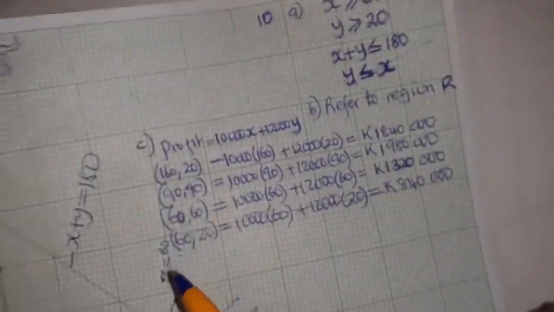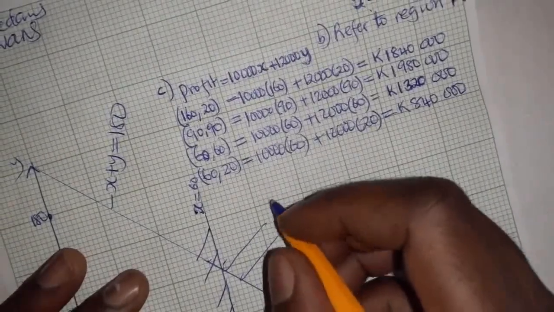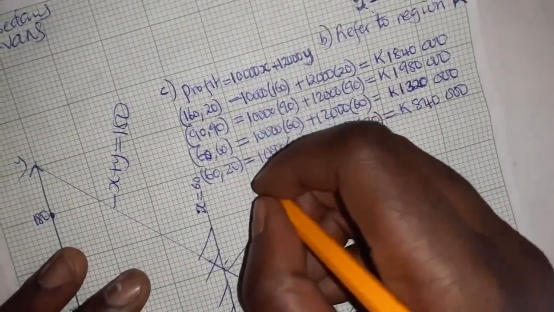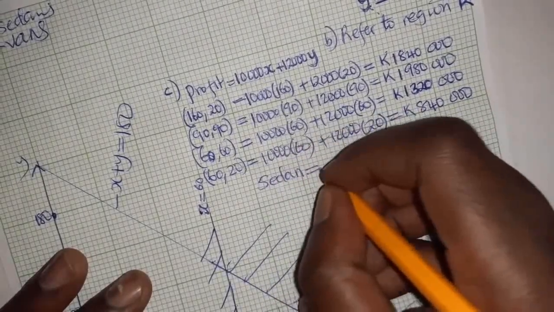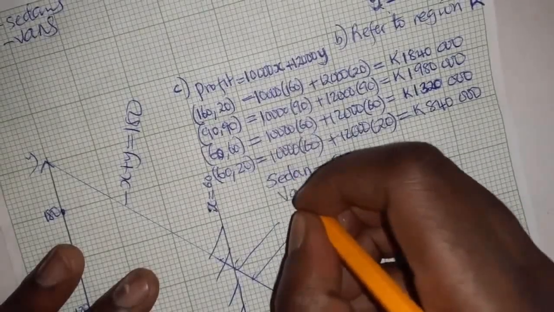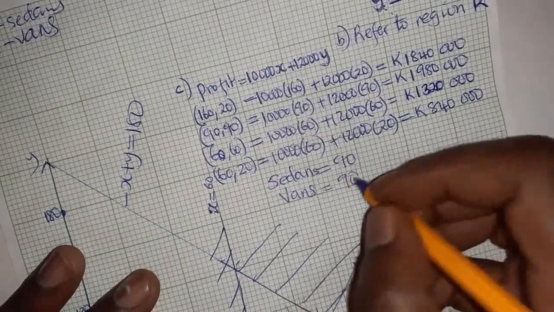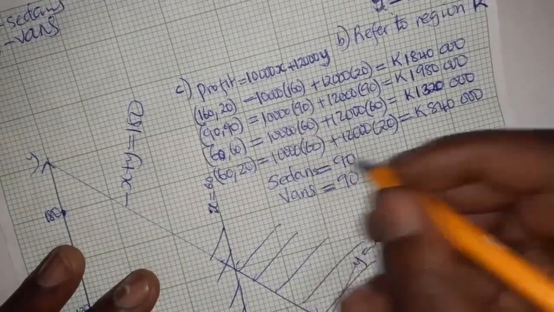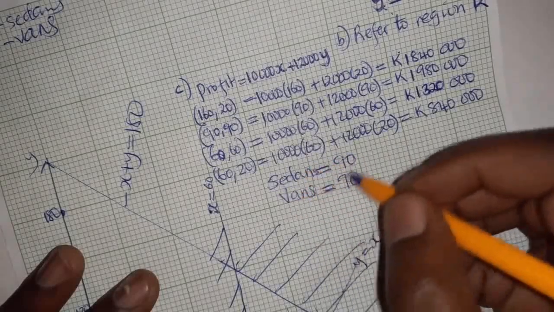So meaning, to maximize profit, the sedans that must be ordered are supposed to be 90, and the vans are also supposed to be 90. This is our answer here.